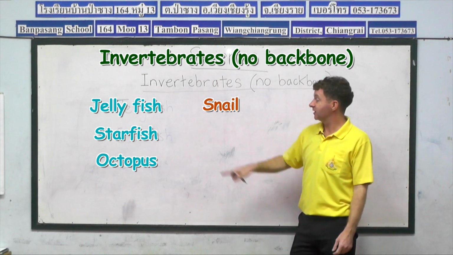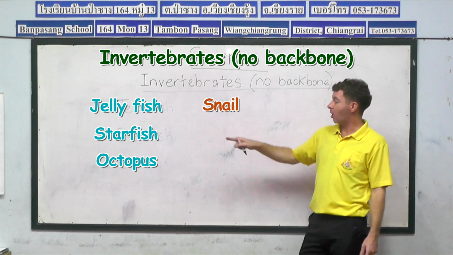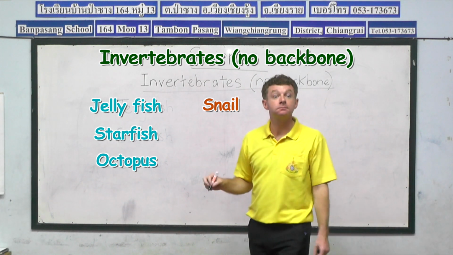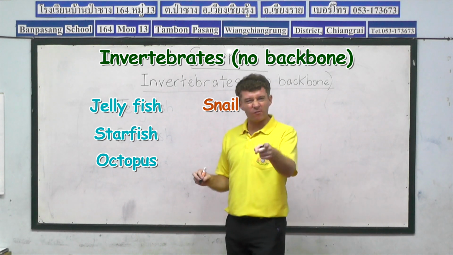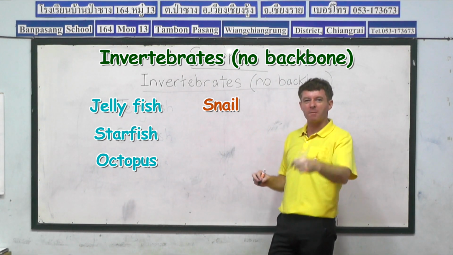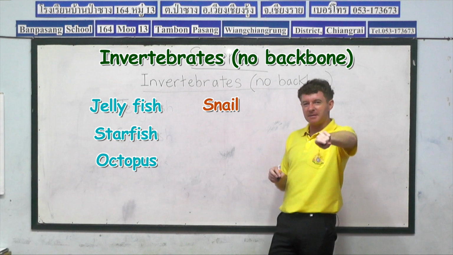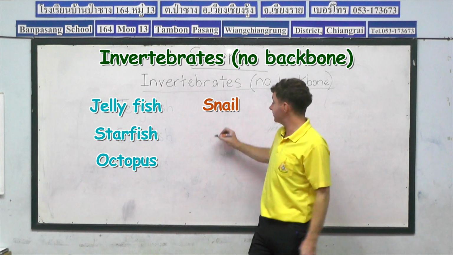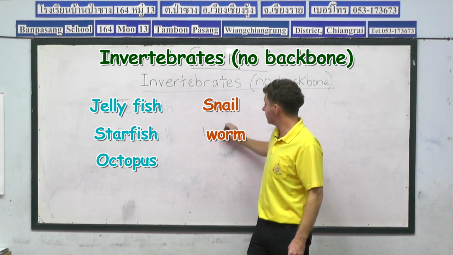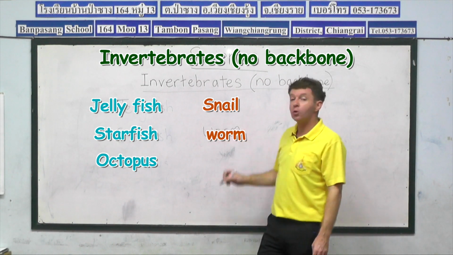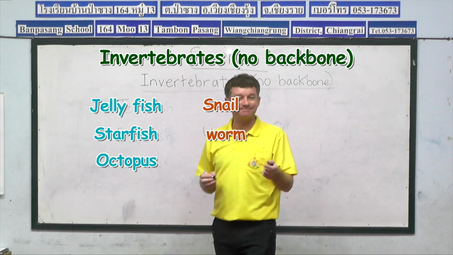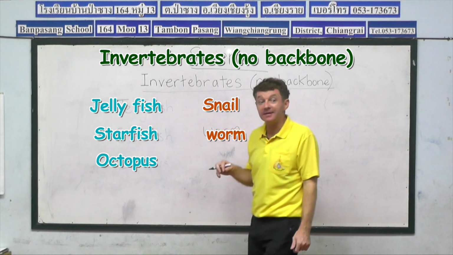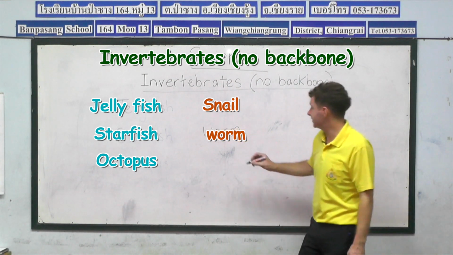So some great examples so far. Jellyfish, starfish, octopus, snail. Any more? Worm, yes. There was different types of worms, but we can group them all into the one word. The slimy, long creatures, they can live in water, but they can also live outside. A worm. Now, who can tell me what type of animal? Yes, the spider with 8 legs that crawls around is a spider.